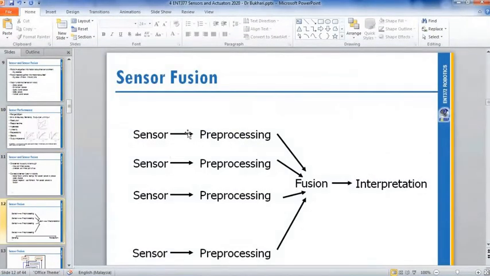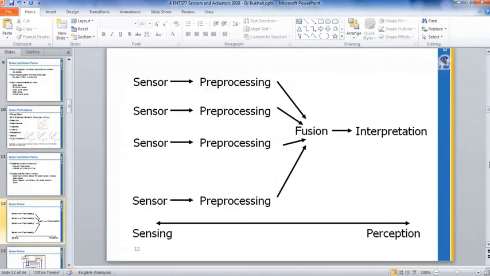Something like this. So you have many sensors, and then you combine the sensors, record all the information from the sensors, and then interpret it. So the robot makes a decision. The robot does not make a decision based on one sensor. This we call sensor fusion.